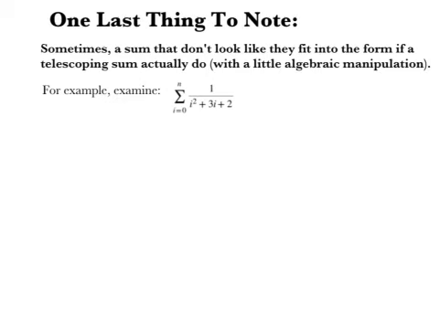Alright, so the last thing to note is that if you have an expression, especially with polynomials in it, that you can't do by an arithmetic series or a geometric series, it's worth a look to try to manipulate it algebraically and fit it into this telescoping sum.